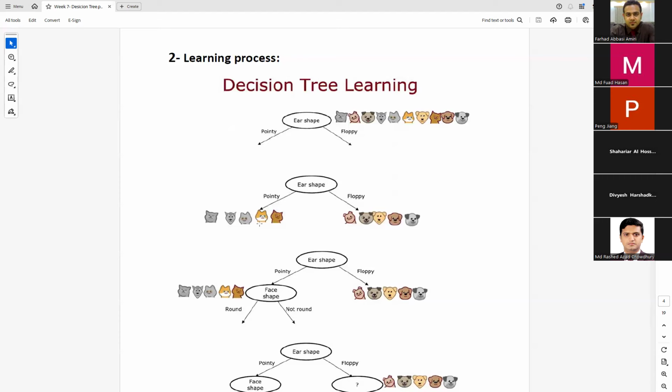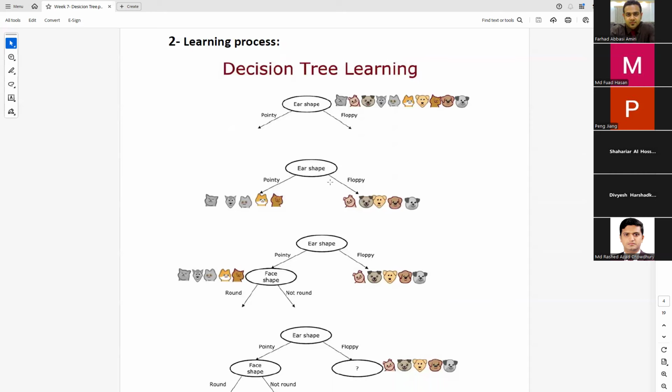We put them here. And then five animals of these 10 animals have floppy ears, and we put these 5 on the right branch, right?